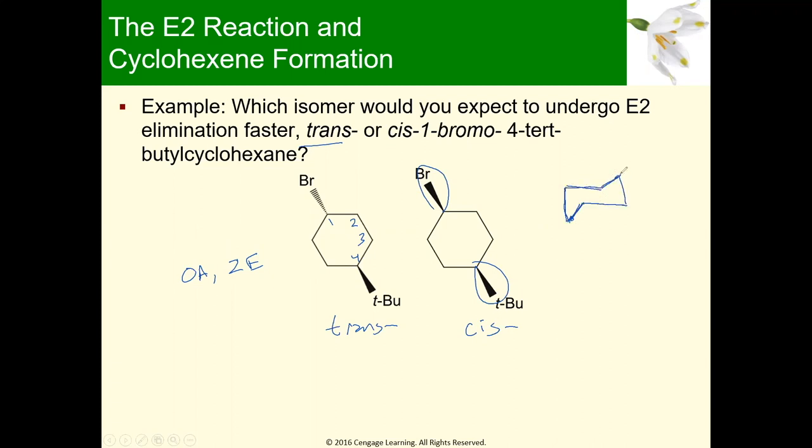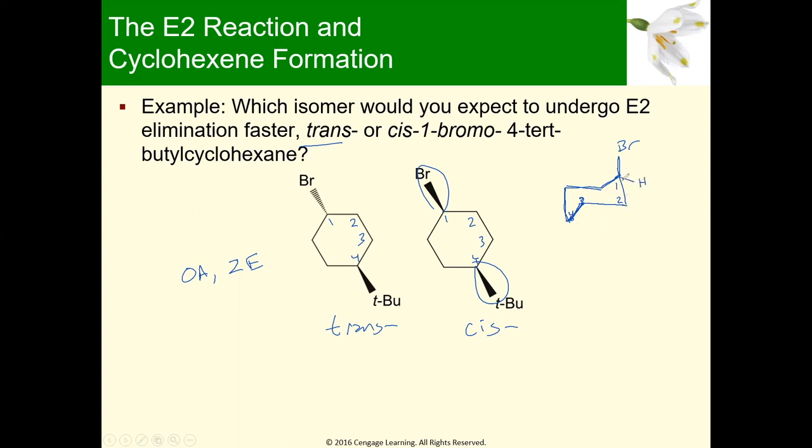Let's call this carbon 1, 2, 3, 4, and say this is carbon 1, 2, 3, and 4. On carbon 1, the bromine is coming up out of the page, so that's axial up. My bromine is actually in the axial position there, and the equatorial down is a hydrogen.